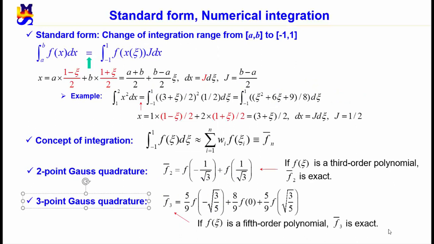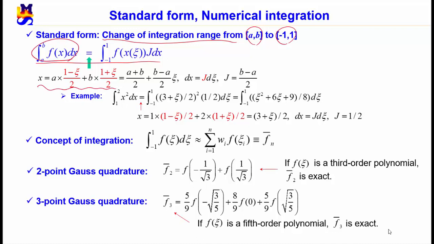Let's consider the process of changing a definite integral ranging from a to b into standard form of integral ranging from -1 to 1 like this. In this case, this mapping function changes the original integral into standard form, for example.